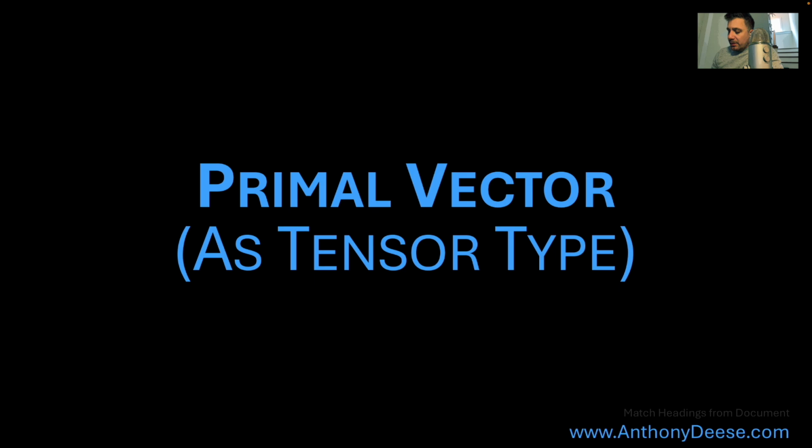So what is a primal vector? A primal vector is the most fundamental tensor type. We generally use it to represent a value within some n-dimensional space. So if you remember from the ball example, we used what we'll find out was a primal vector to describe the velocity at a certain point in time.